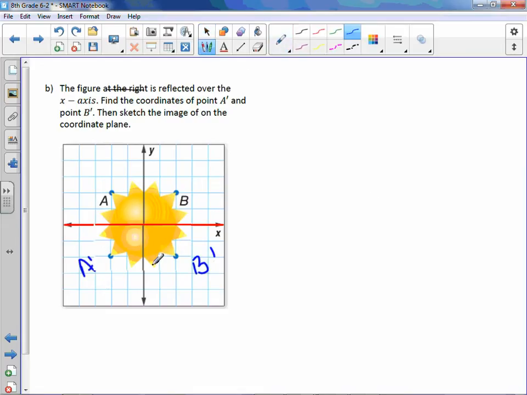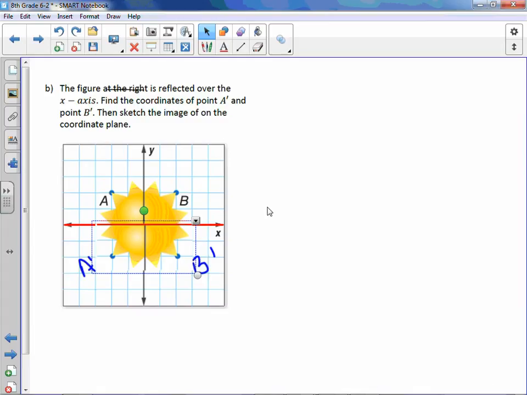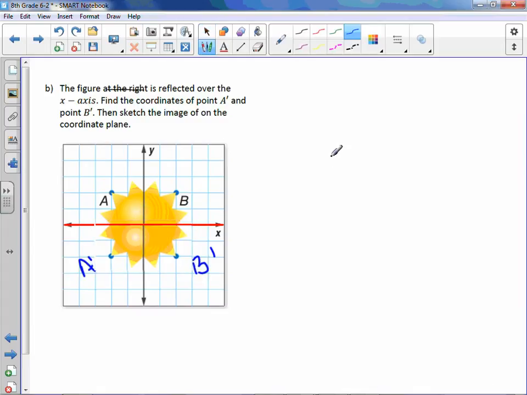Let's just jot down those coordinates. A prime is (-2, -2), and B prime is (2, -2).